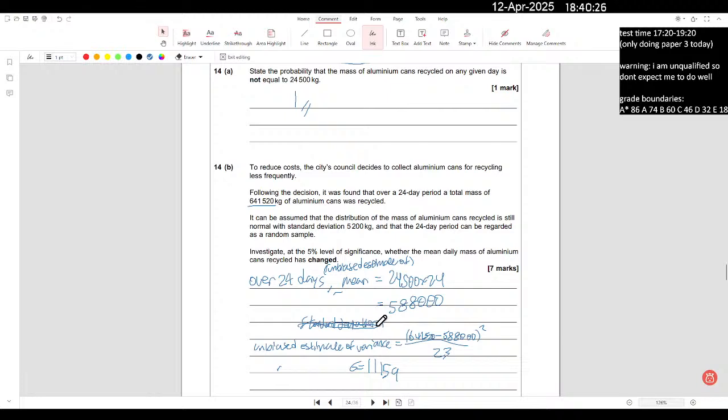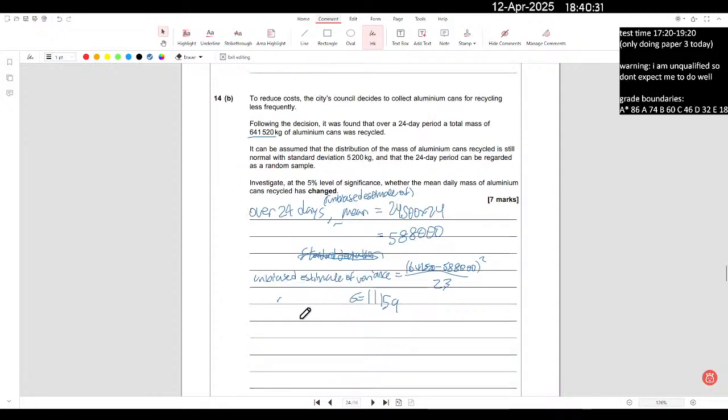Well, the probability I got is like 1.6 times 10 to the negative 6. What?